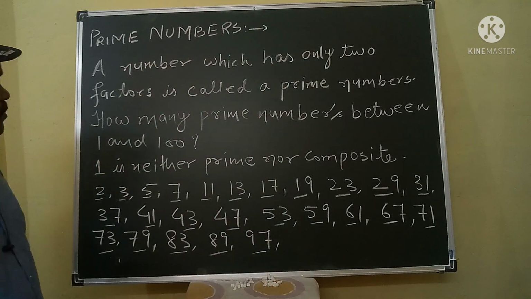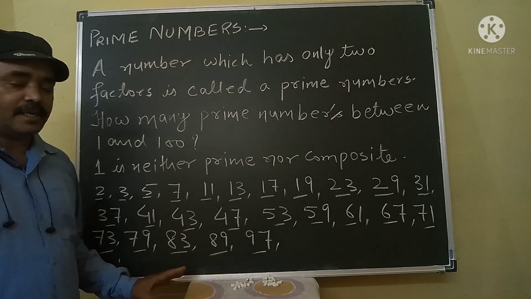All these are prime numbers between 1 and 100.